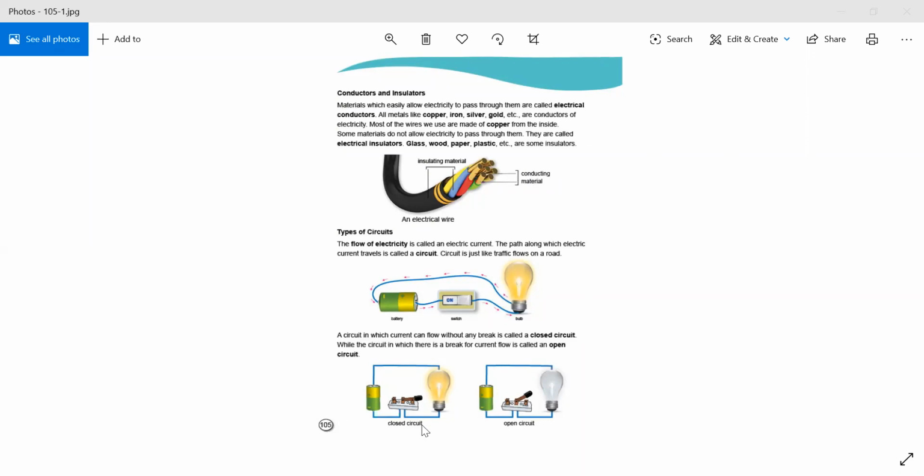As you can see in the diagrams, this circuit is called a closed circuit because electricity can flow easily, and you can see that the bulb is lighting. Its switch is not broken and the wire is not broken. But if we compare it to the open circuit, you can see that it has a breakage in the switch, and because of the breakage in the switch, the bulb cannot light up, and we call it an open circuit.